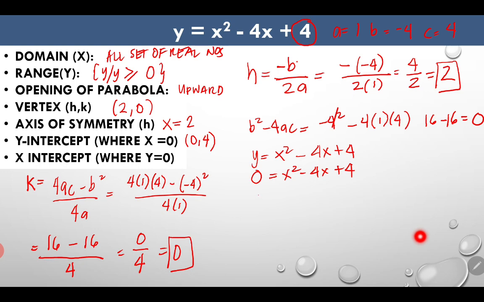So, let us solve this by factoring. So, this is x minus 2, x minus 2. So, ibig sabihin, our x is equals to 2, positive 2. Okay. So, sa 2 tayo mag-aano. Therefore, the x-intercept is 2, 0.